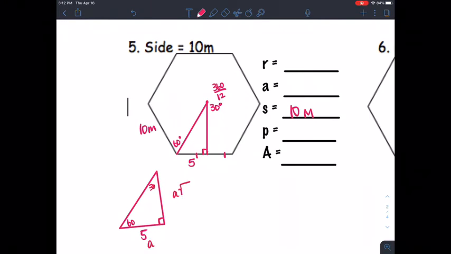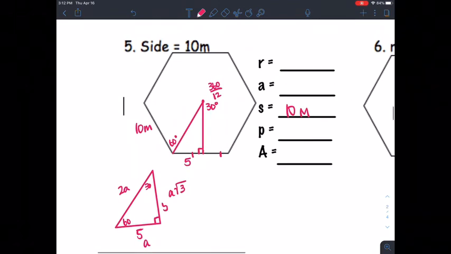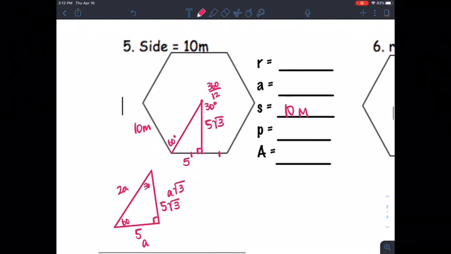Here is my long leg and the hypotenuse. So if 5 is my short leg, then my long leg has a value of 5 square root 3, which in this case is my apothem, 5 square root 3. And if I go back to the short side, 2 times that is my hypotenuse. So my hypotenuse has a value of 10, which is also my radius.